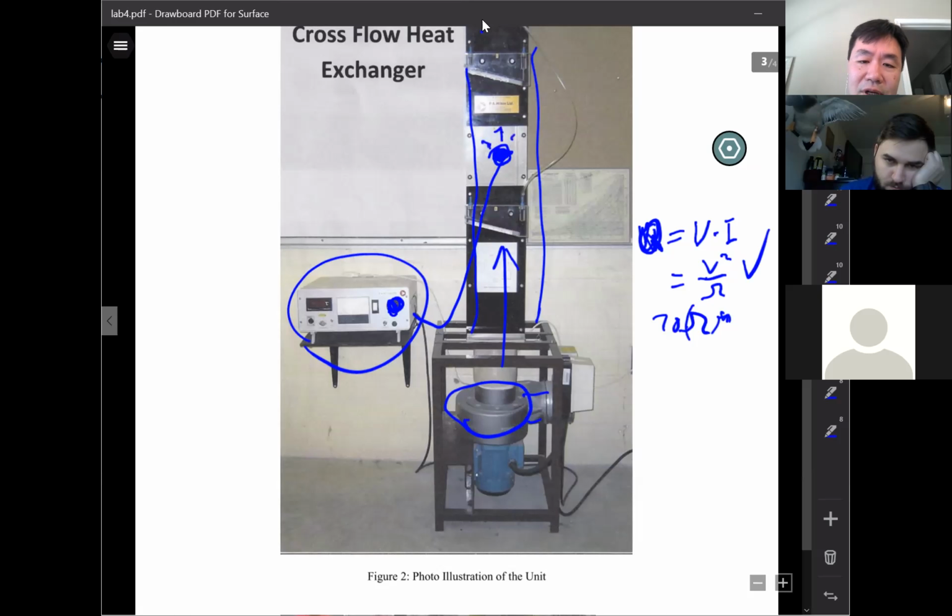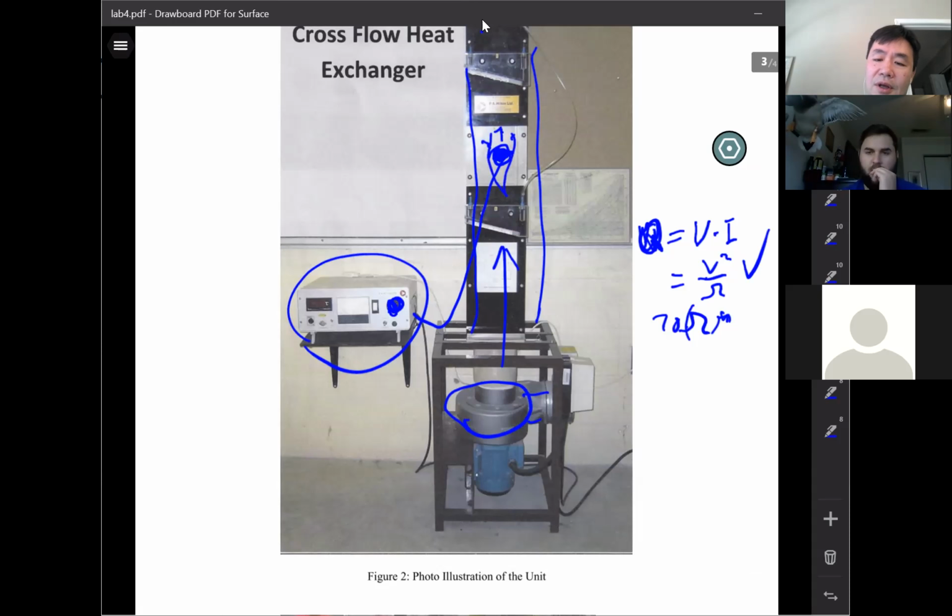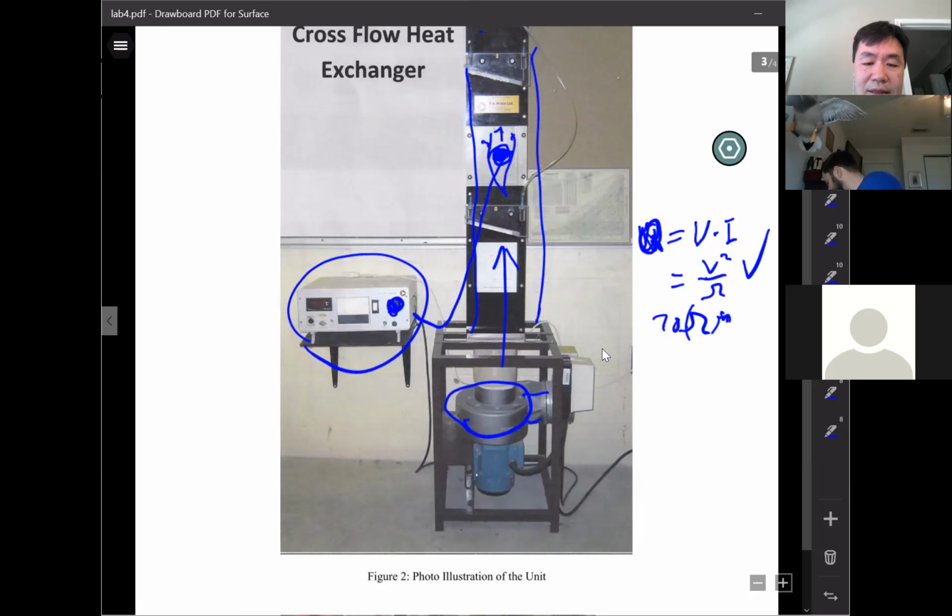The airflow goes around it and carries the heat away. So this is the heat balance: the total amount of heat transfer Q to the air is equal to the total amount of heat generated by the electrical heater. Any questions here? Is my drawing clear?